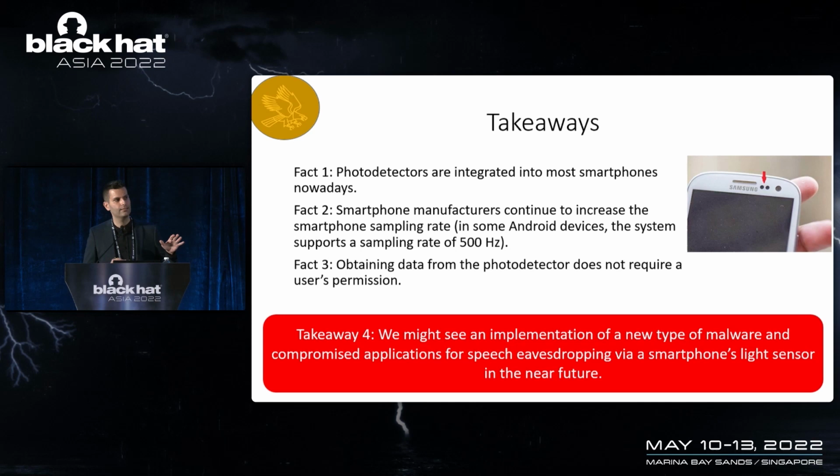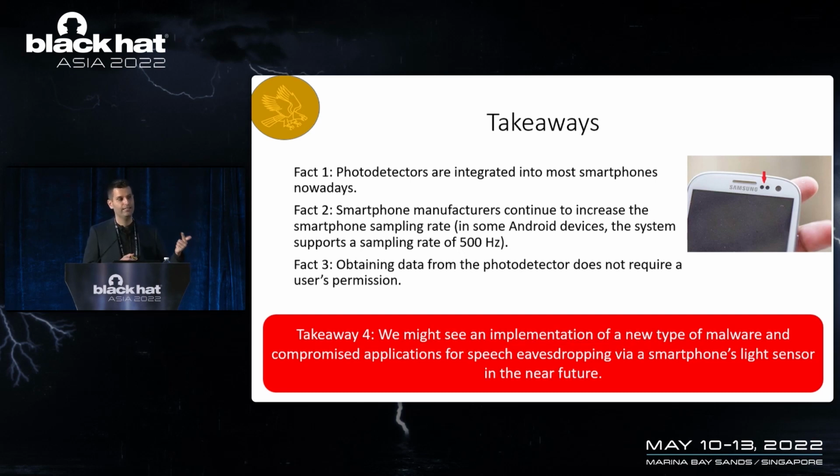Now, all of these facts alone aren't very important, or maybe aren't even risky. But combining these 3 facts together, we might see an implementation of a new type of malware and compromised applications for speech eavesdropping via a smartphone's light sensor in the near future. Again, bear in mind, currently your smartphones contain a photodetector.